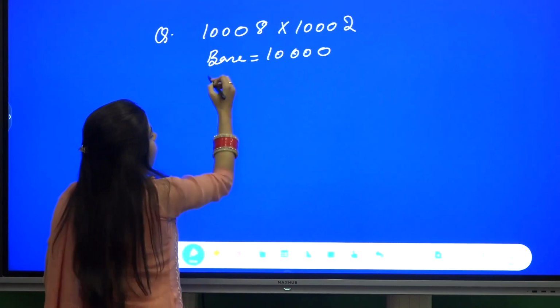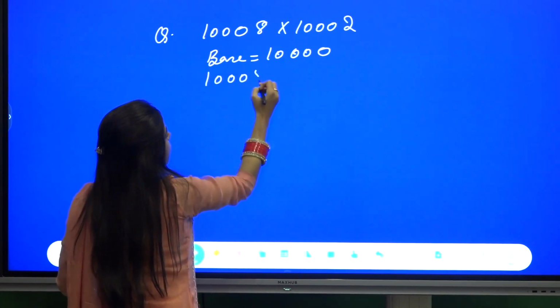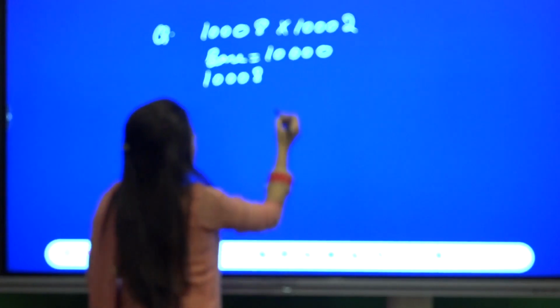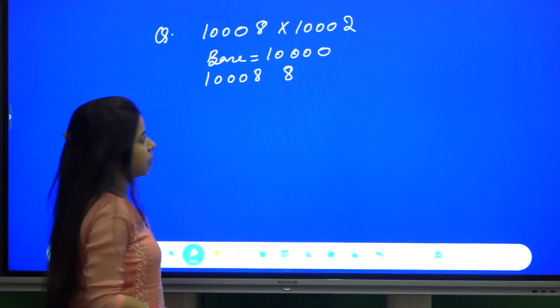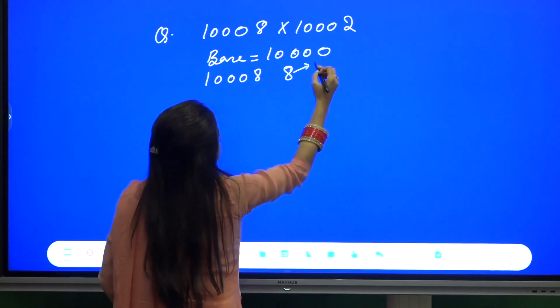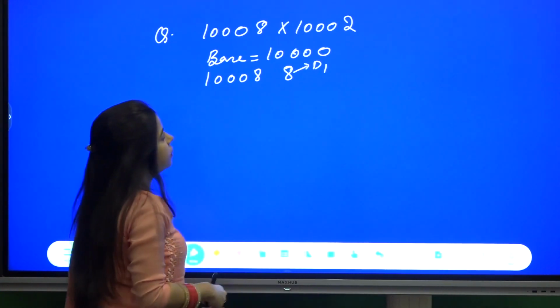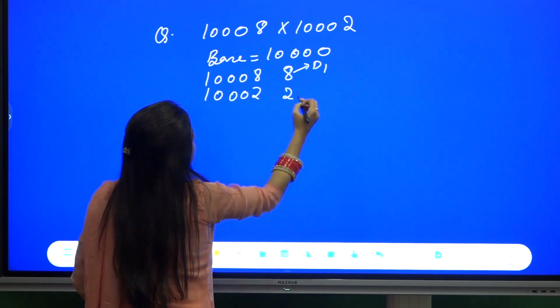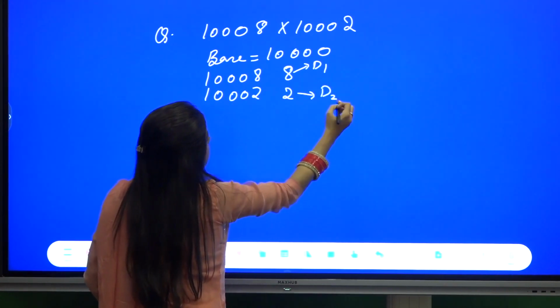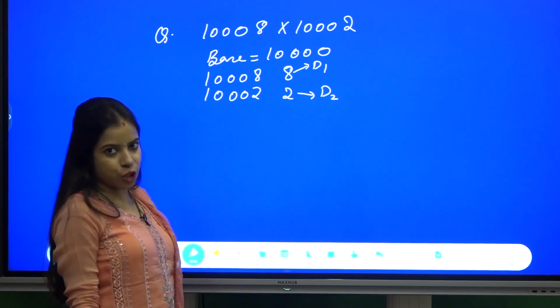Now 10008 is 8 more than 10,000, which is deviation 1, and 10002 is 2 more than 10,000, which is deviation 2.